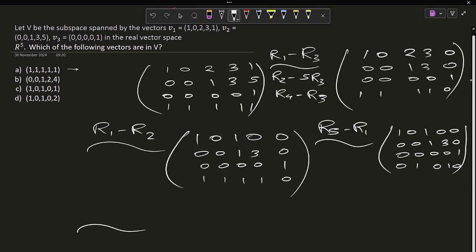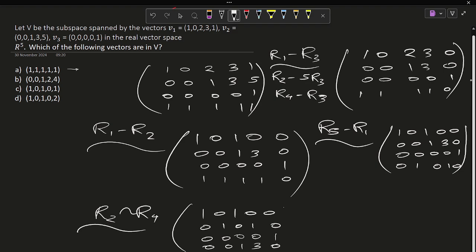So if we rearrange the matrix, then we get 1 0 1 0 0, 0 1 0 1 0, and then 0 0 1 3 0.